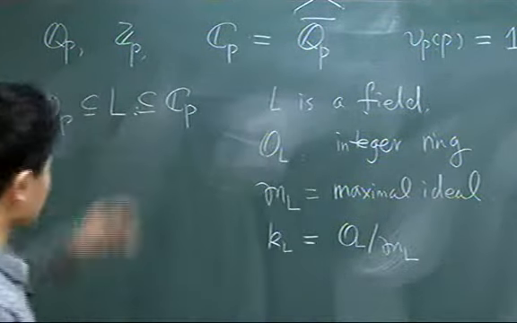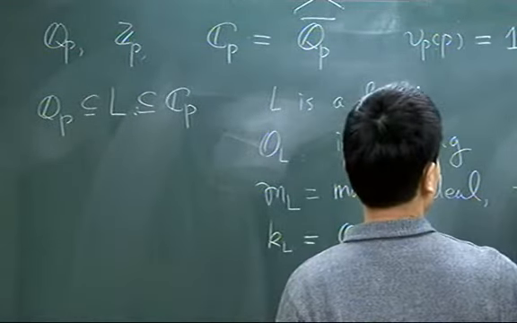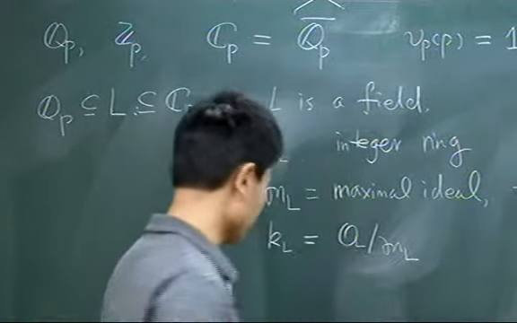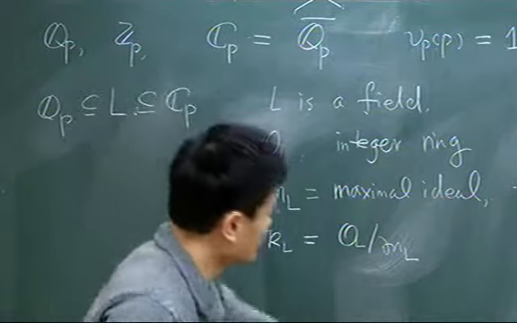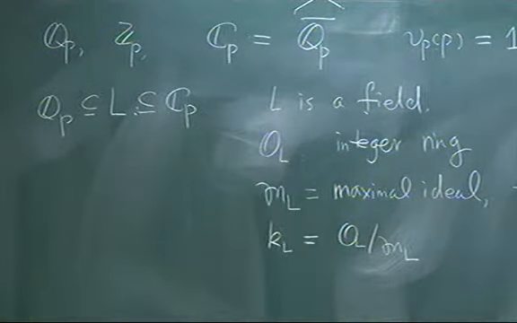If L over Q_p is finite, then we will also have a uniformizer pi_L, the generator of m_L. So that's the first group of notation we have.